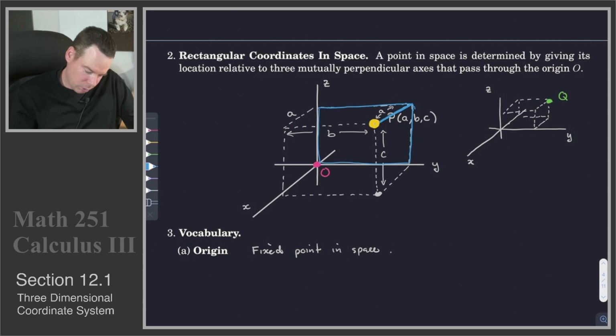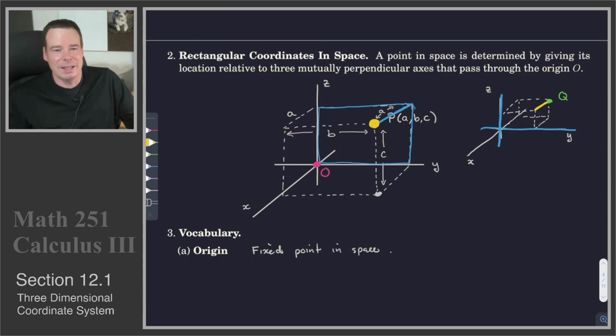So the YZ plane would be the plane made up of that axis and that axis. And I look at my point Q. The distance to the plane made up of those axes is given by the length of that line segment there. But this is on the opposite side of the YZ plane than the positive part of the x-axis. So this would be a negative distance.